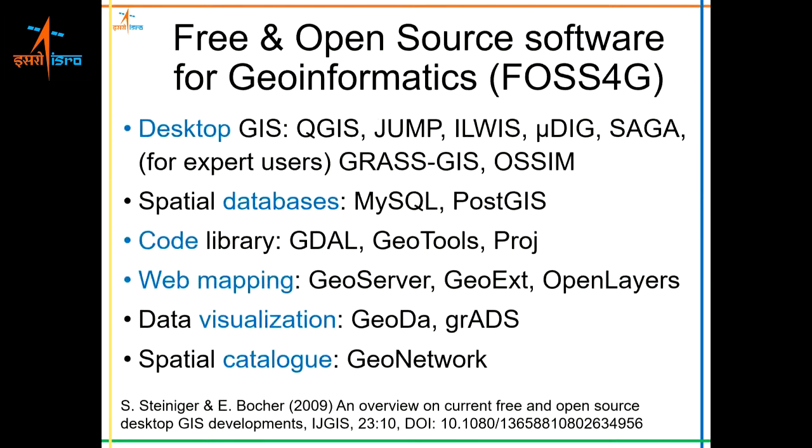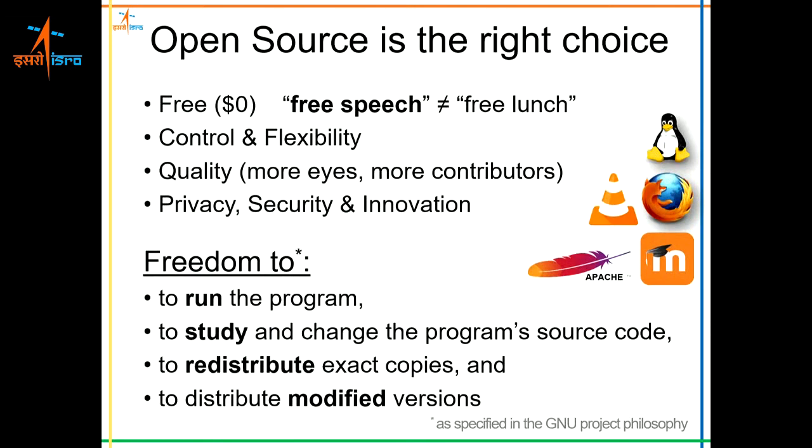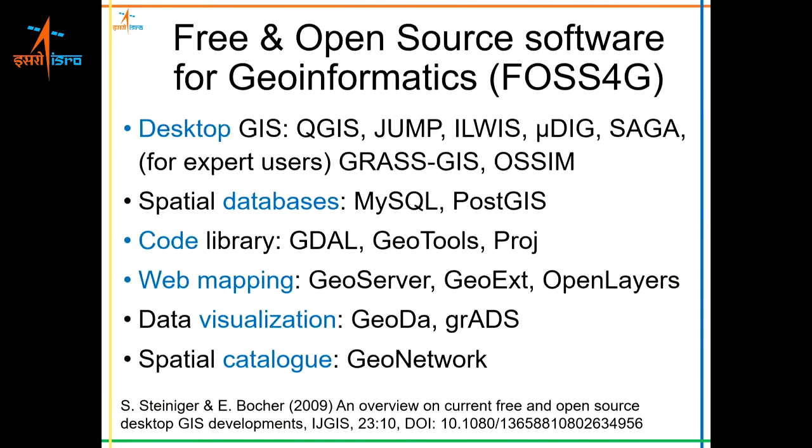And so we talked about some open source software which you probably are already using, like Firefox, VLC, and all that. In the geoinformatics or GIS domain, there is also a huge set of software for different categories of GIS based work.